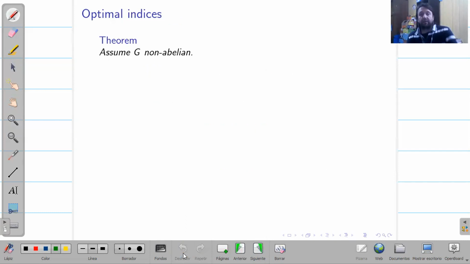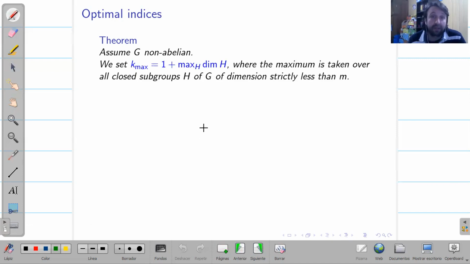So here is the first main theorem of the article, which gives optimal indices, in the sense that the indices cannot be improved. Assume G is non-abelian, because the abelian case is simpler. And let me define this strange index. Here, the maximum is taken over every closed subgroup H of G of dimension strictly less than m. Remember, m is the dimension of G, right?